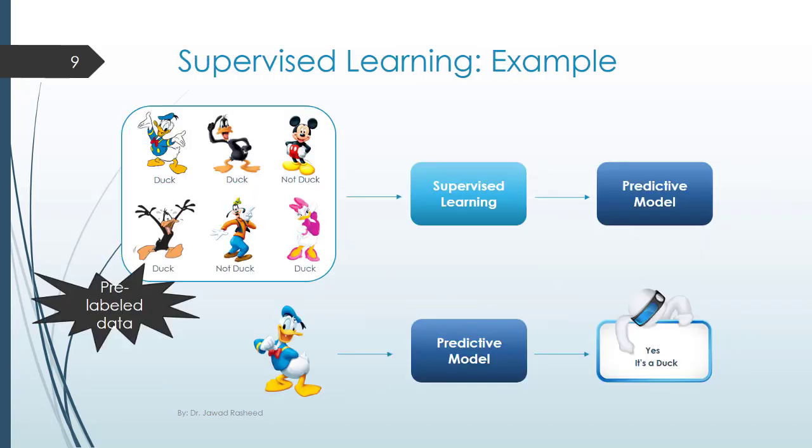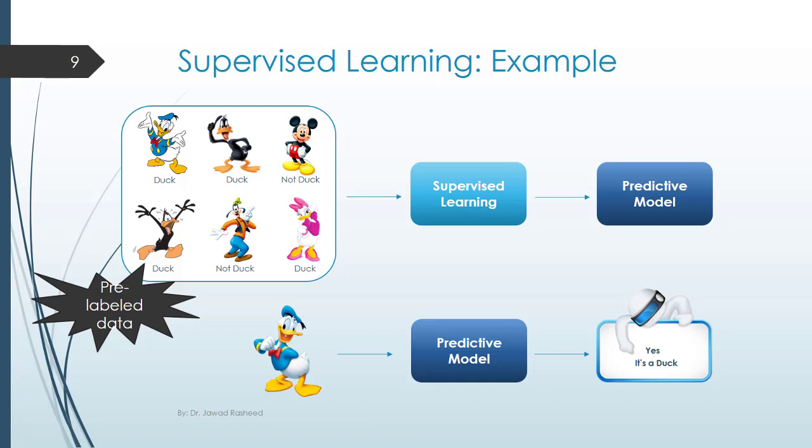In this slide, the image shows an example of a supervised learning process used to produce a model which is capable of recognizing ducks in an image. The training data set is composed of labeled pictures of ducks and non-ducks. So now we have two types of labels: one is duck, and another label is not duck.